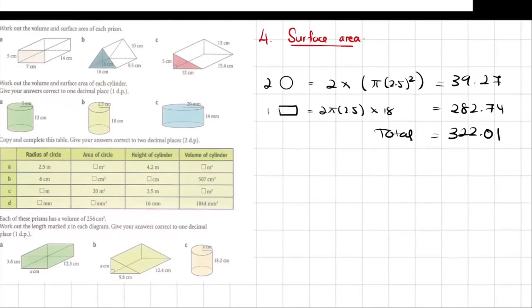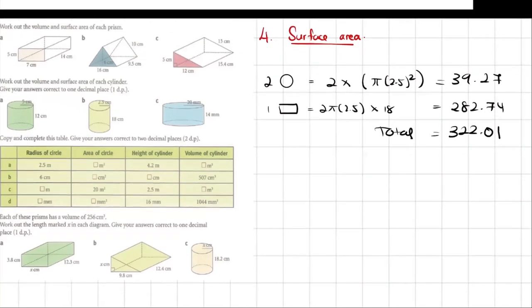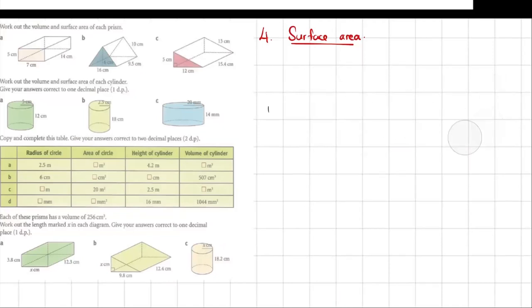Okay, so this is the total surface area: the 2 circles from top and bottom, and then the curved surface area of your cylinder.